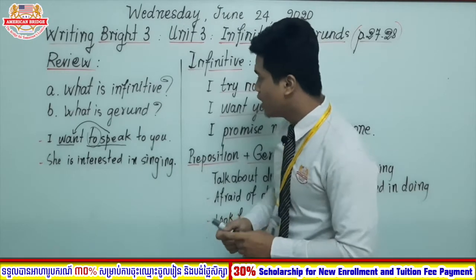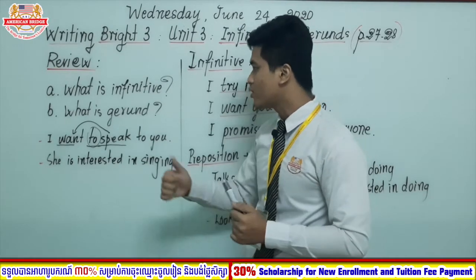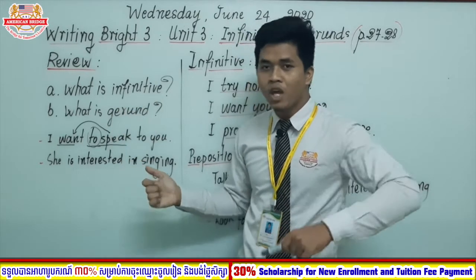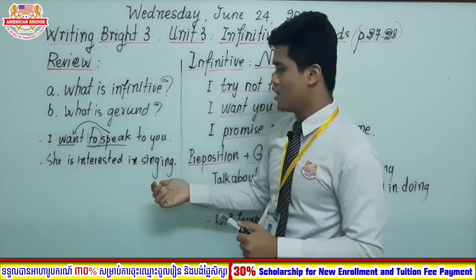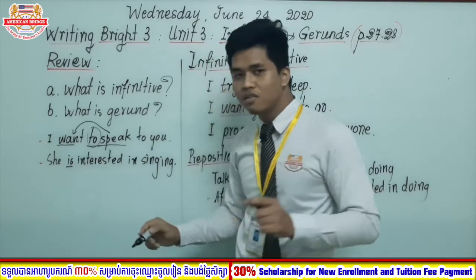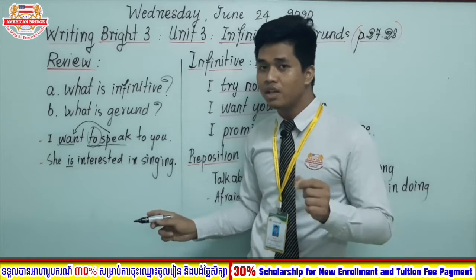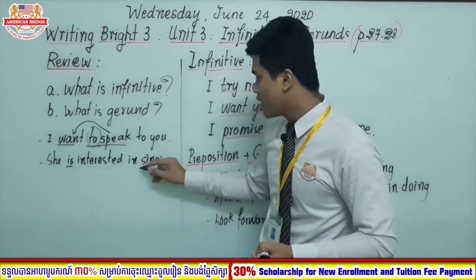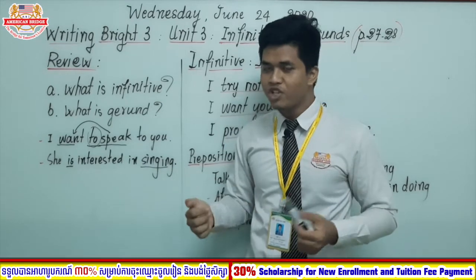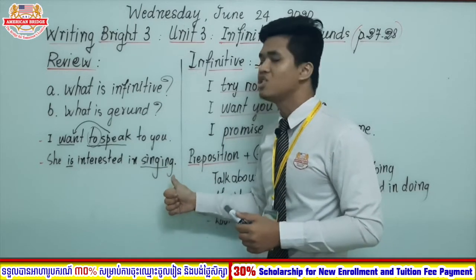Okay, good. Let's move on to the second question. What is gerund? So let's look at this second sentence. She is, so is the main verb in the sentence, which is to be. And singing, okay? Singing is the verb which ends with ing.